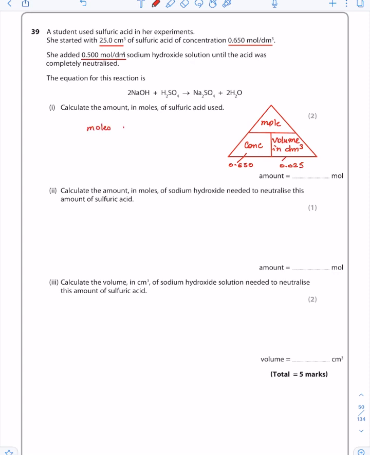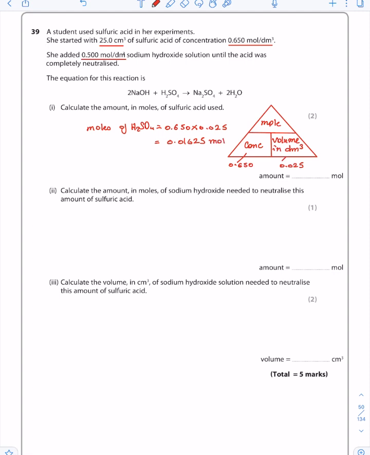Moles of sulfuric acid H2SO4 is equal to concentration 0.650 times 0.025 اللي هو الفوليوم. ده هيدينا 0.01625 moles.